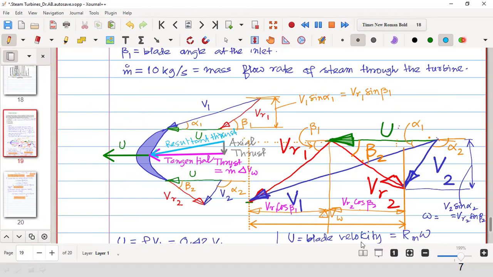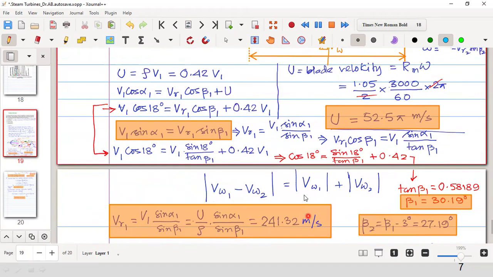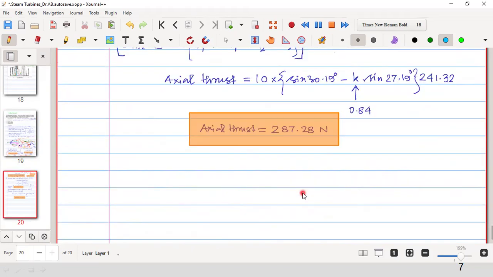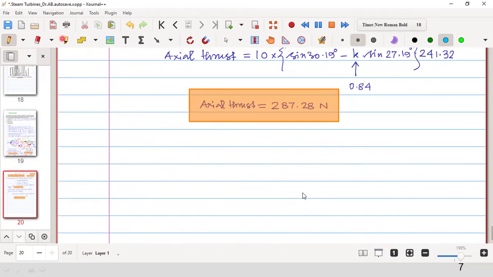So how to calculate the resultant thrust?